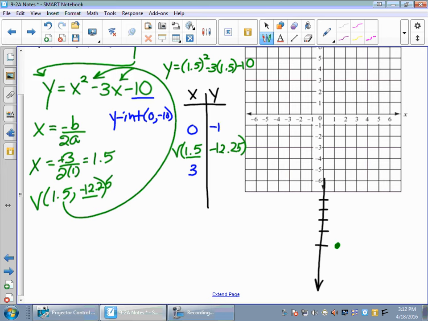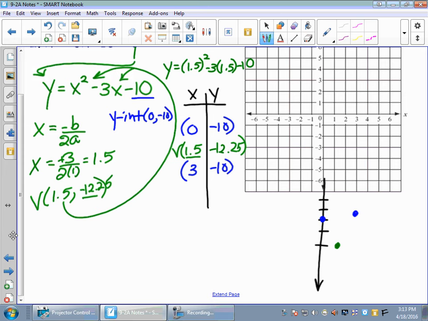So 0, negative 10 is going to be here, and so is 3, negative 10. So I'm going to put those on my graph. 0, negative 10, 7, 8, 9, 10. And 3, negative 10 is right next to it. Trying to color coordinate my points so you can see the connection.